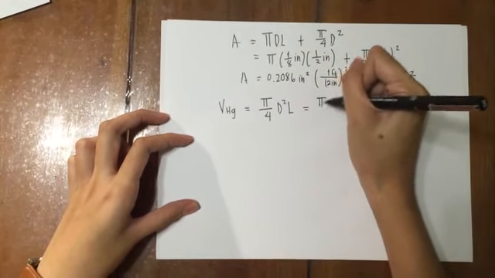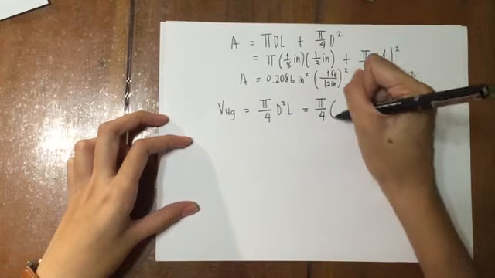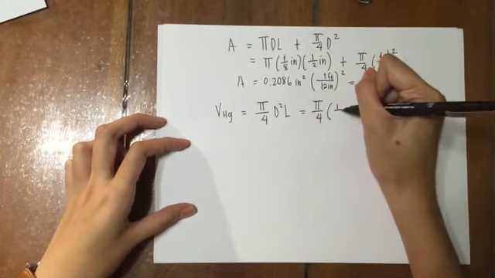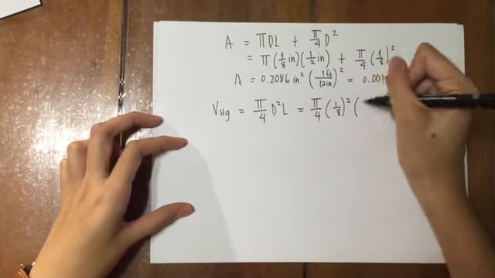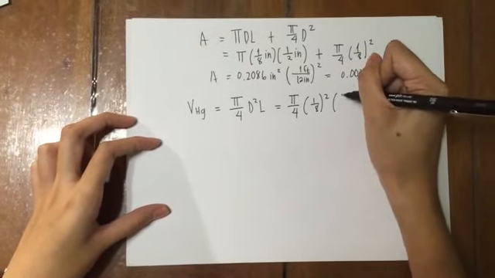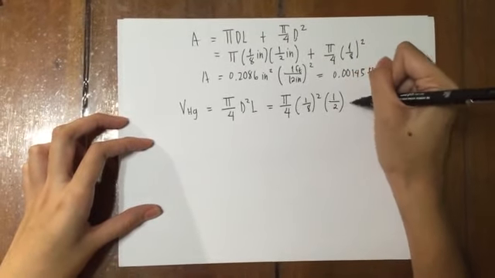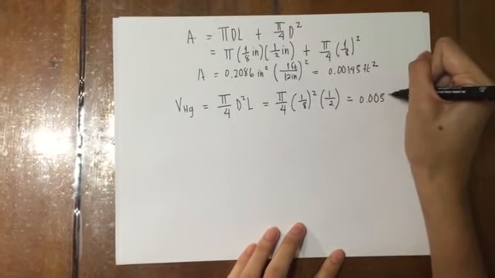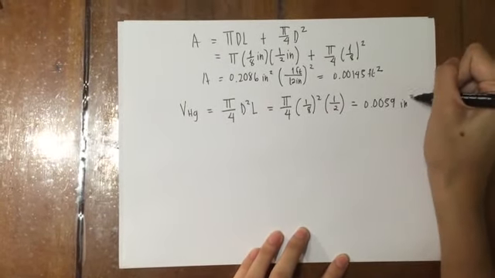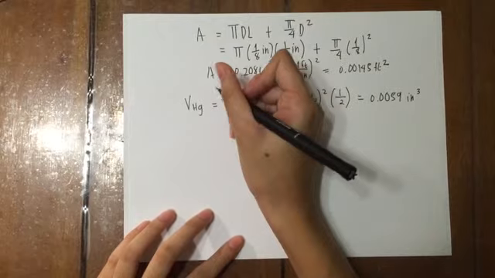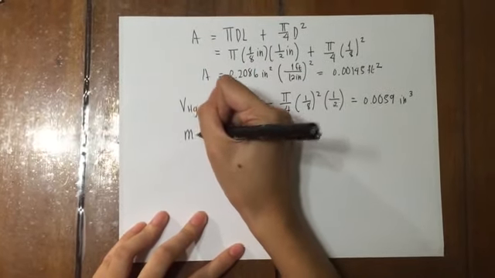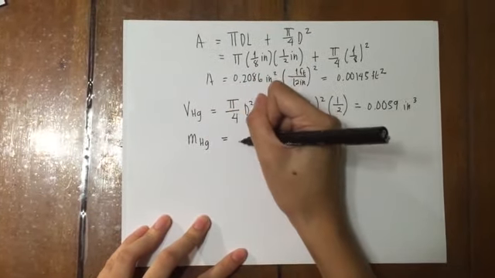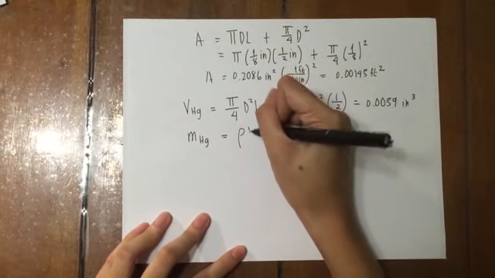Substituting the values, this will be pi over 4 times 1/8 squared times 1/2. This will be equal to 0.0059 inch cubed.